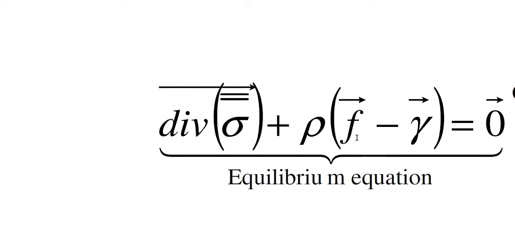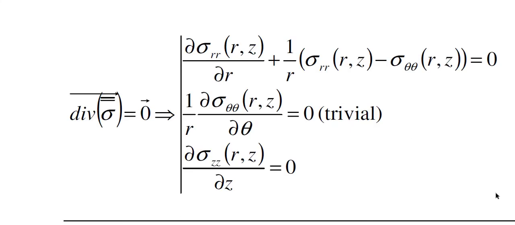Now, if we consider that the forces applied at a distance are negligible, and if we consider that the shell is motionless, so gamma is equal to the zero vector, we will have the divergence of the stress tensor sigma must be equal to the zero vector. This is our case, since our domain, our shell, is in equilibrium, so the vector gamma is equal to the zero vector, and also the distant forces are neglected.